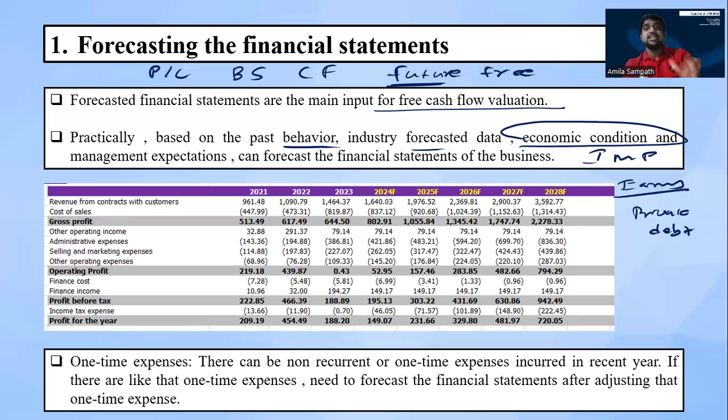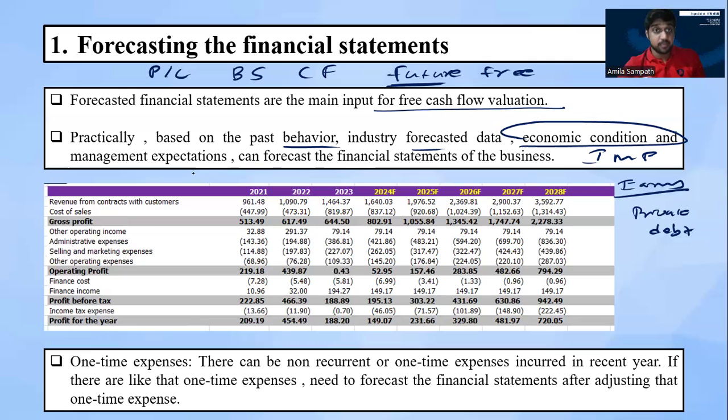That means the private debt market to GDP ratio should be approximately 50%. It can't go beyond 50%. Therefore, when I forecast the company's earning assets, I need to incorporate that into my forecasted financial statement, because I can't go beyond the economic conditions. Therefore, economic condition is the most important factor when we forecast the financial statement.